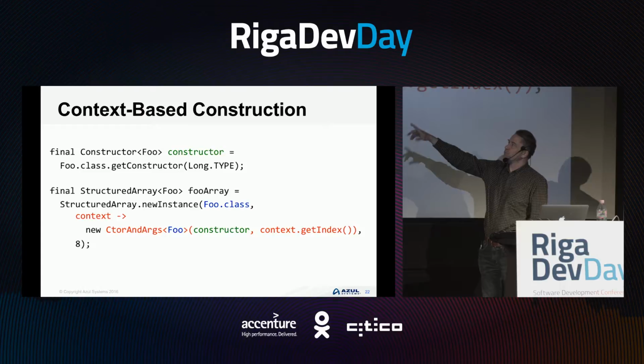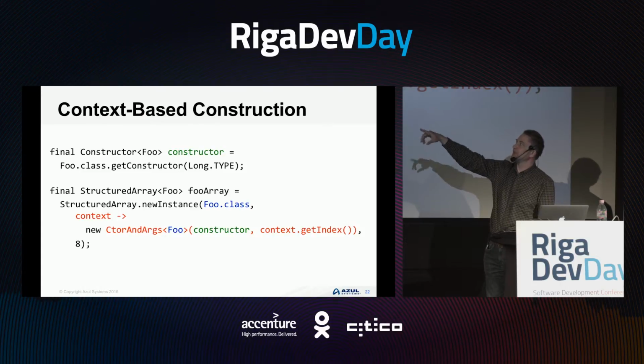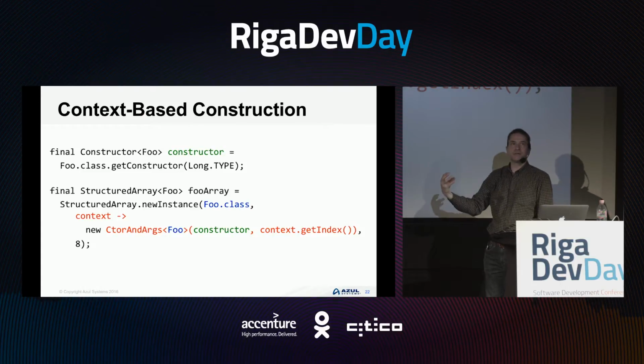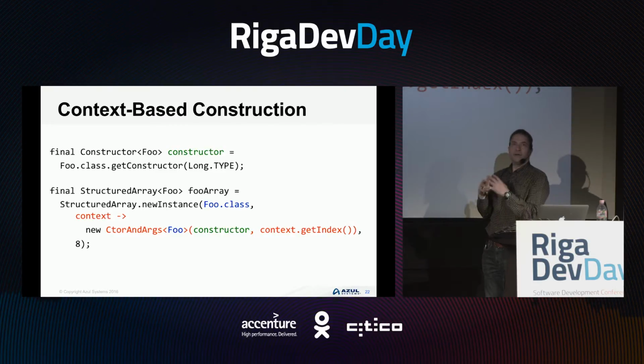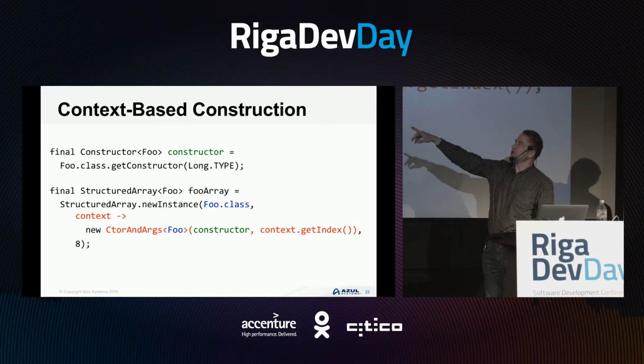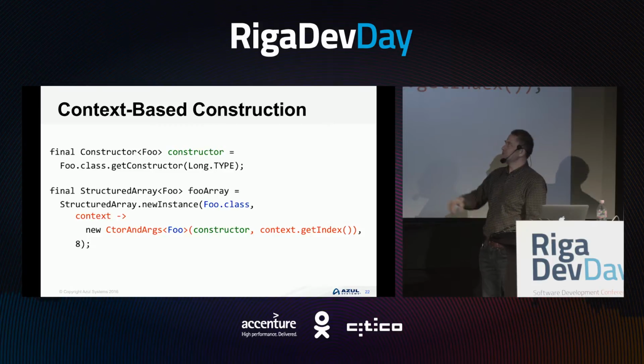So here we provide a constructor, and in this case we're getting a context from the new instance, which will enable us to find out what the index of the array element is. So we've got our context, and then we call new CtorAndArgs of type Foo, because we want to create a new Foo object.